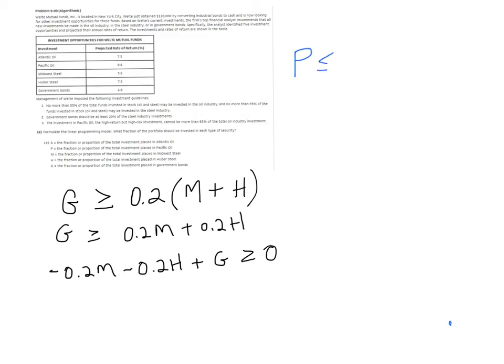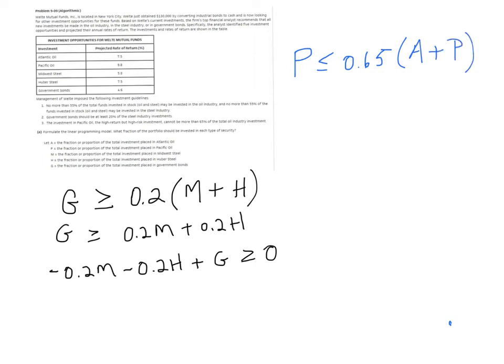So we'll do less than or equal to 65%, which is 0.65, of the total oil investment. We invest in oil by A plus P, the Atlantic Oil plus the Pacific Oil.